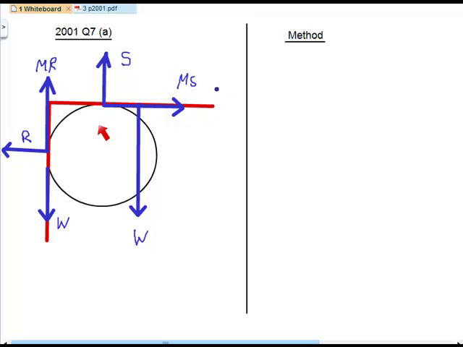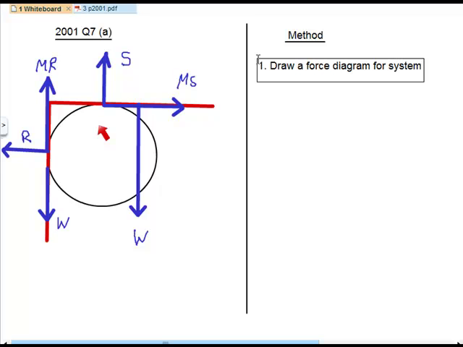So that completes the first step of our question. The important point is that this step is the same for all statics questions. Step 1, you always draw a force diagram for the system, and the system is the two rods.